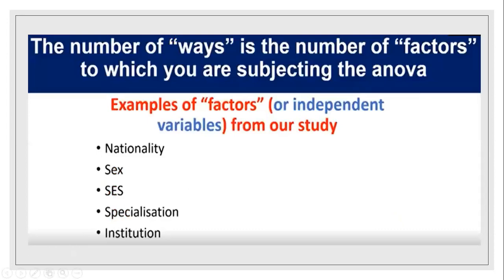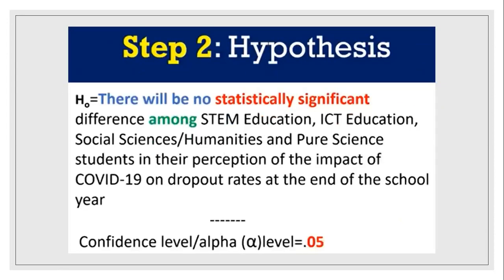So let's see how we state the research question and the hypothesis. You can now see the hypothesis. You have your H and your zero down here. Make sure it's not on the same height, but lower down. I'm talking from the area of the null hypothesis: there will be no statistically significant difference among.